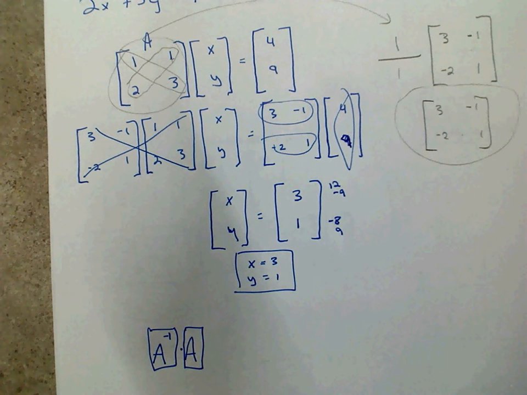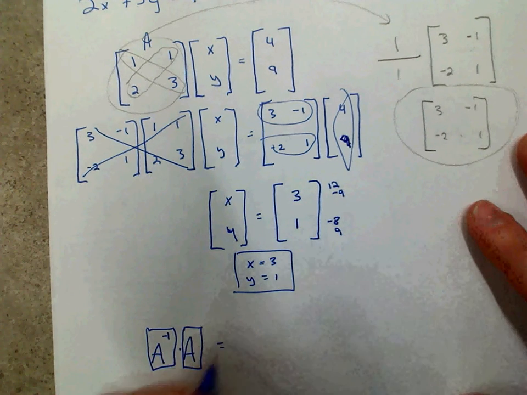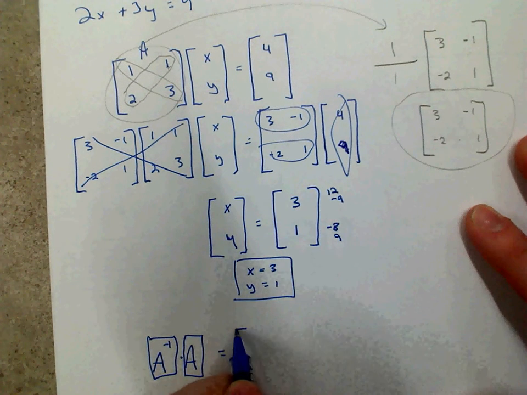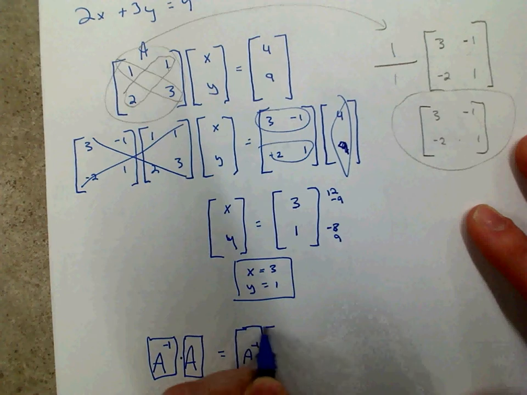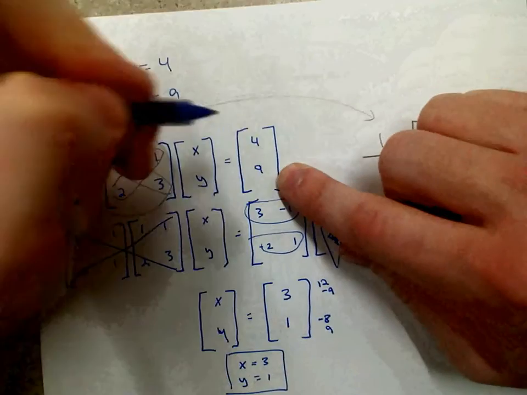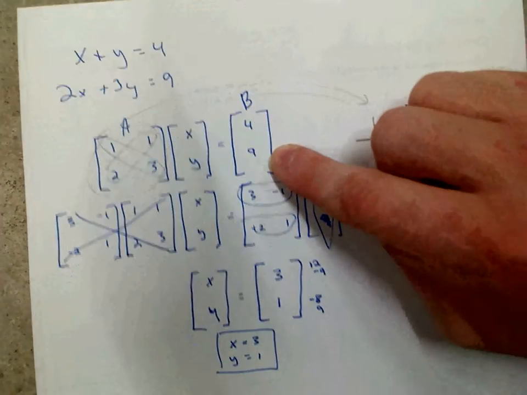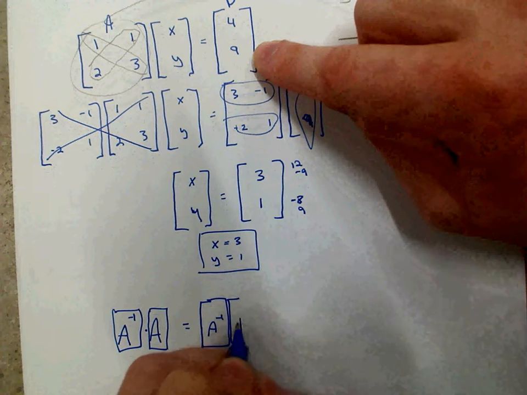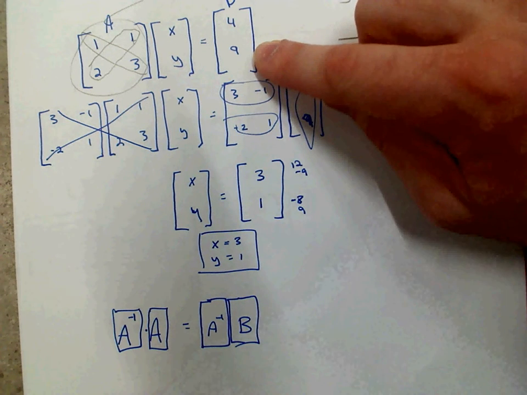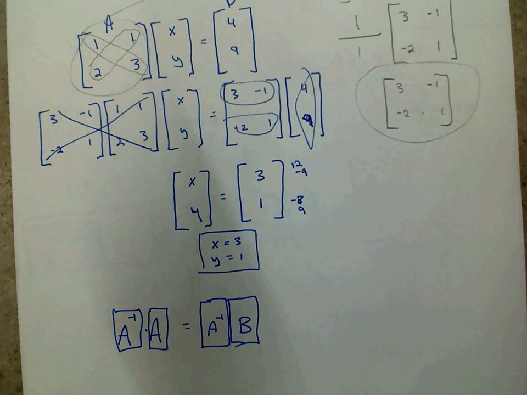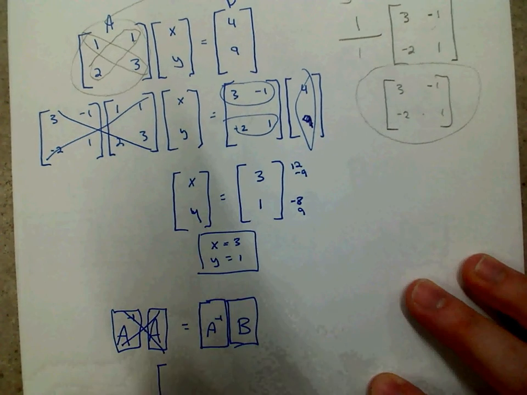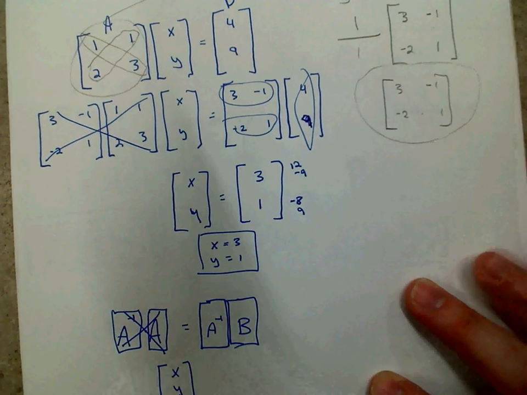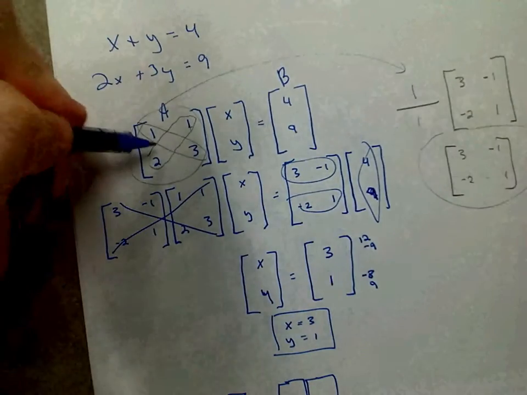Now on the other side, we took that same inverse matrix and we multiplied it by what I'll call matrix B up here. Okay? And that got me my solution. So I know that these will cancel and that x, y is just going to equal basically the inverse of this matrix times that matrix.